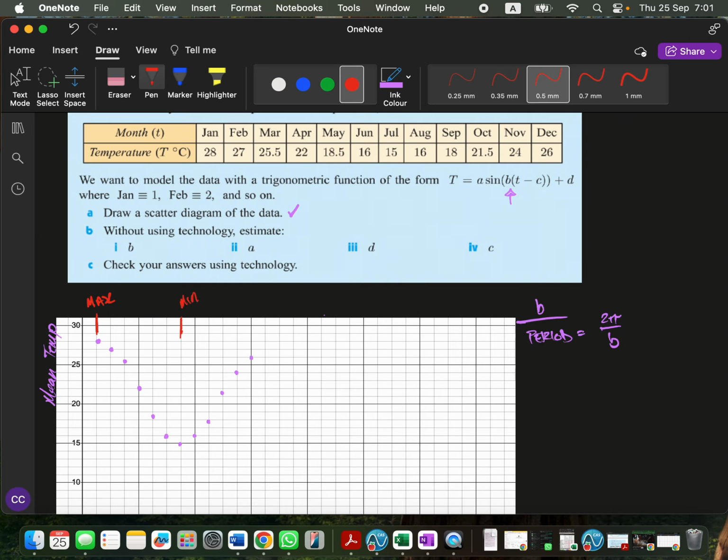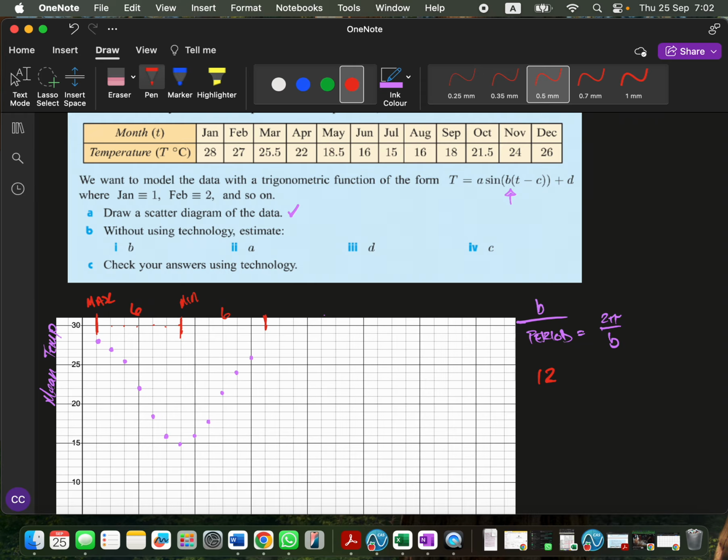Because of symmetry, we can assume that the next max is going to be just double if we go from max to min. So if I go 1, 2, 3, 4, 5, 6, 7, we've got 6 here. So my next max would be after 6 more months, which means my entire period is 12 months.